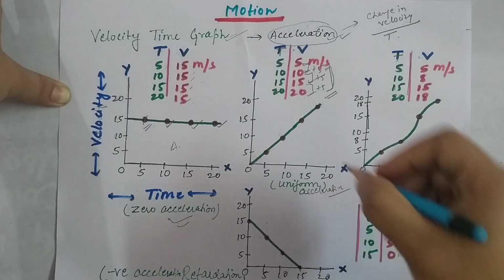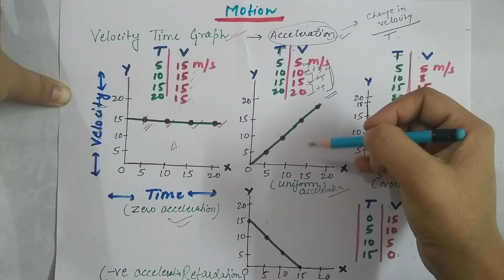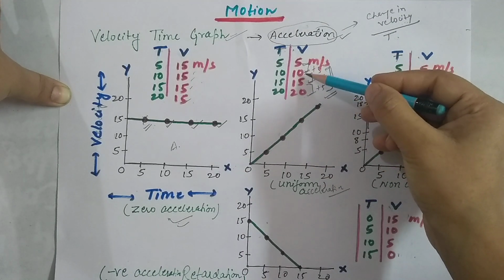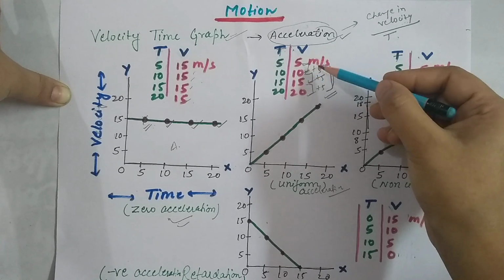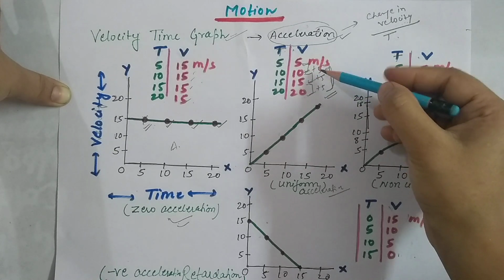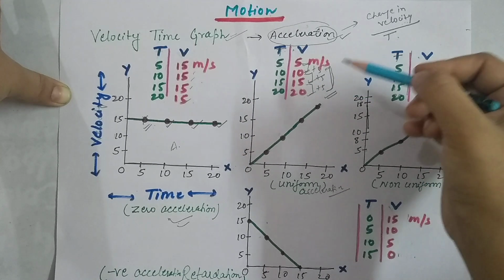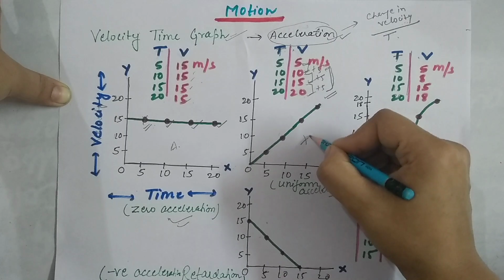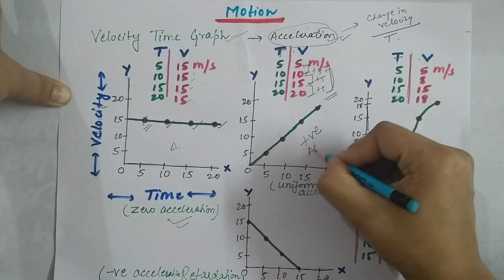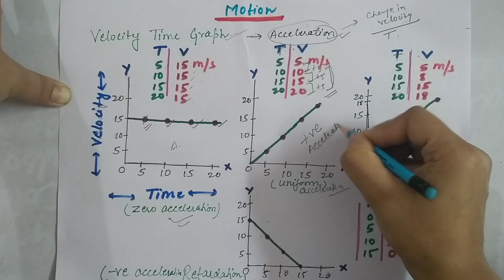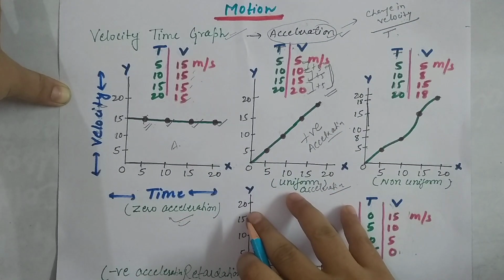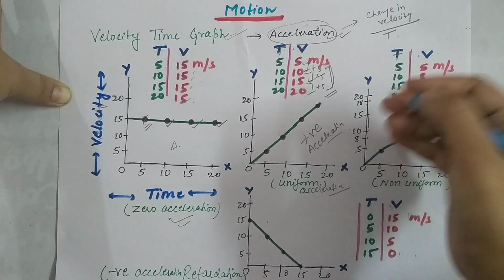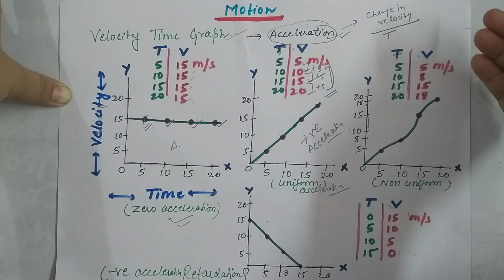It shows uniform acceleration because there is a pattern: 5, 10, 15, plus 5, plus 5, plus 5. The velocity increases by a constant value, and it is also called positive acceleration, because the velocity increases as the time increases.